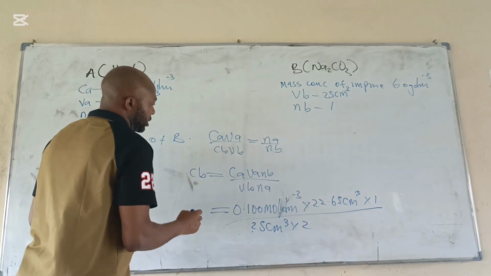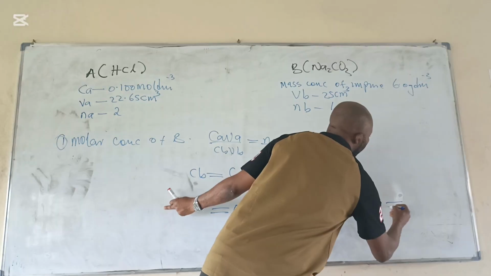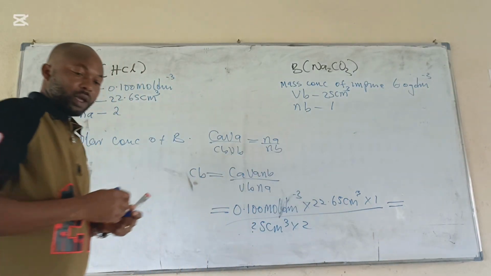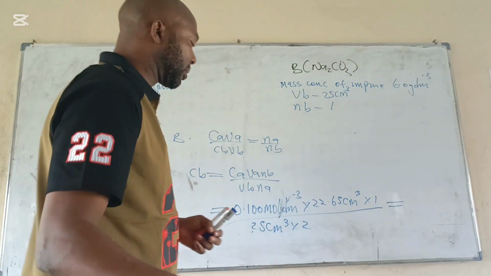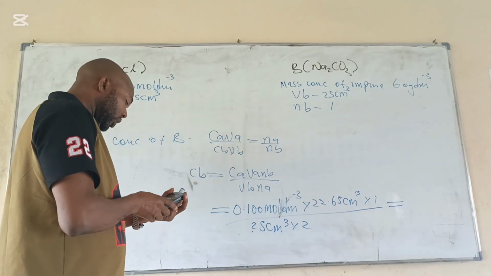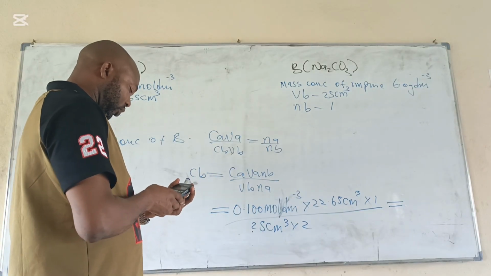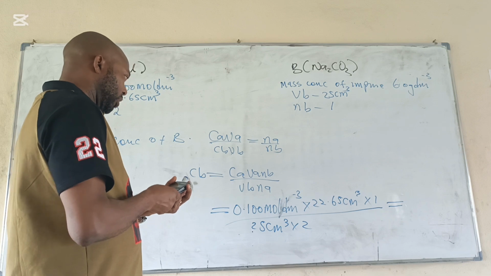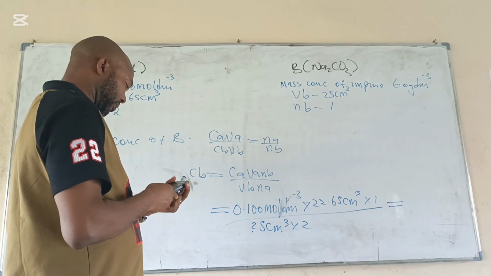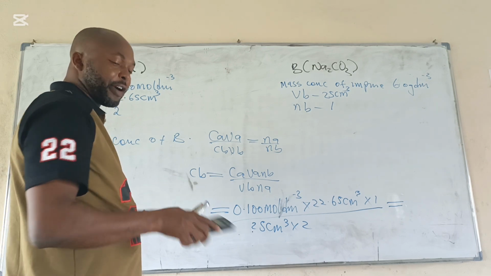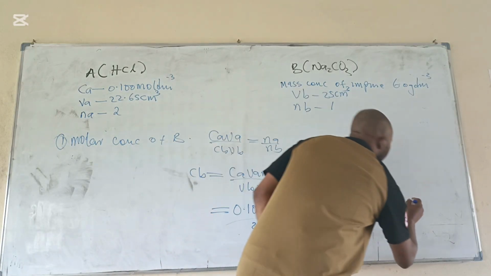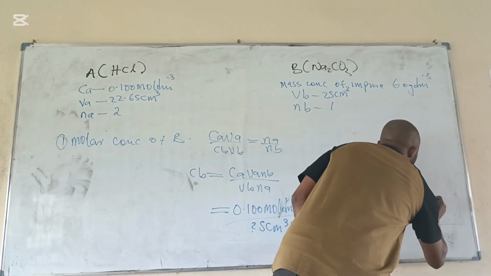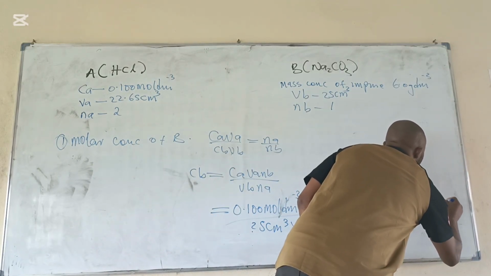So this is equal to 0.1 times 22.65 divided by 50, which is 0.0453 mole per dm cube.